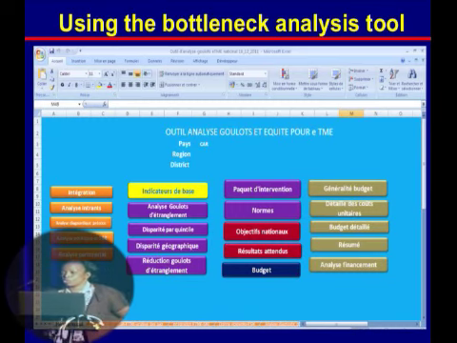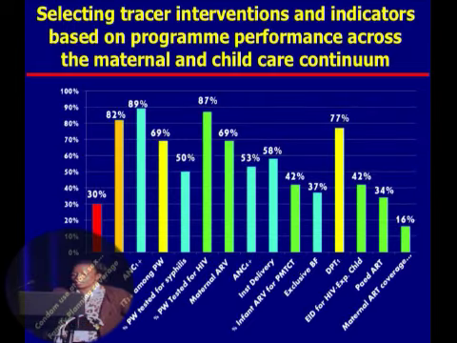And just to introduce to you that in working in this area, the IATT and UNICEF have developed an analysis tool that starts to unpack where the disparities are, what is happening across the care continuum, and where we need to focus and put our investments. And this is just a schema of a bottleneck analysis in one of the countries, looking at what the countries themselves defined as the tracer indicators they wanted to look at.